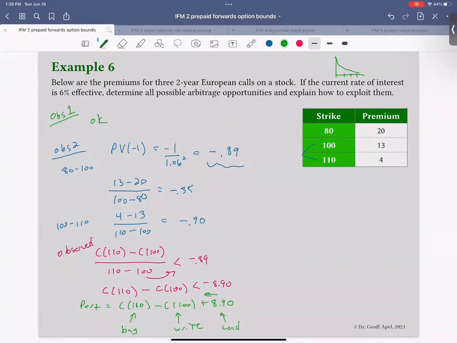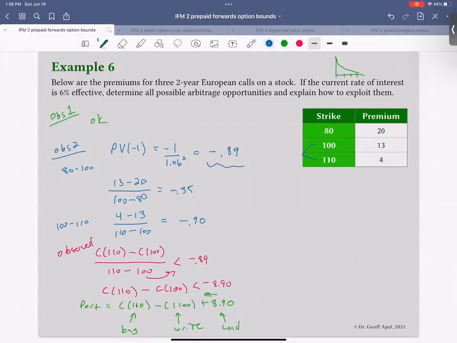Long is lend $8.90. And you can kind of see that if I bought this one but sold that one, I'd have like $9 left over, but I could lend out $8.90 of it. So I kind of still kept a dime. But then in the future, there won't be any downside to that. So I'll always make this dime every time. Okay, good. So there was one arbitrage opportunity.